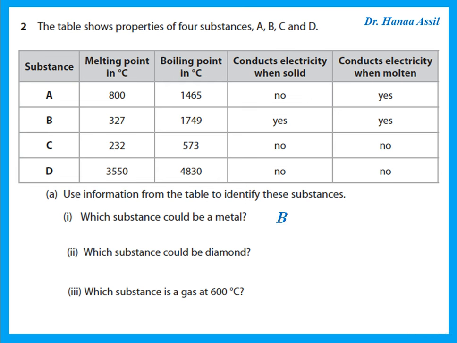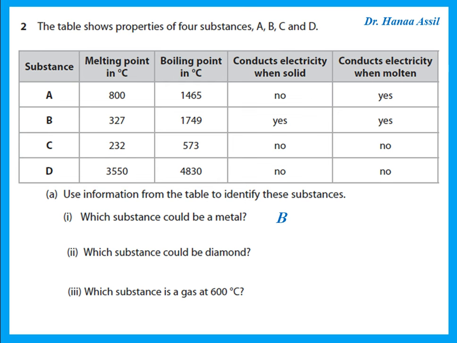So which one conducts electricity when solid? That is B. Anything that's not a metal would not conduct electricity when solid. It would conduct electricity when molten or in solution, of course, except graphite.